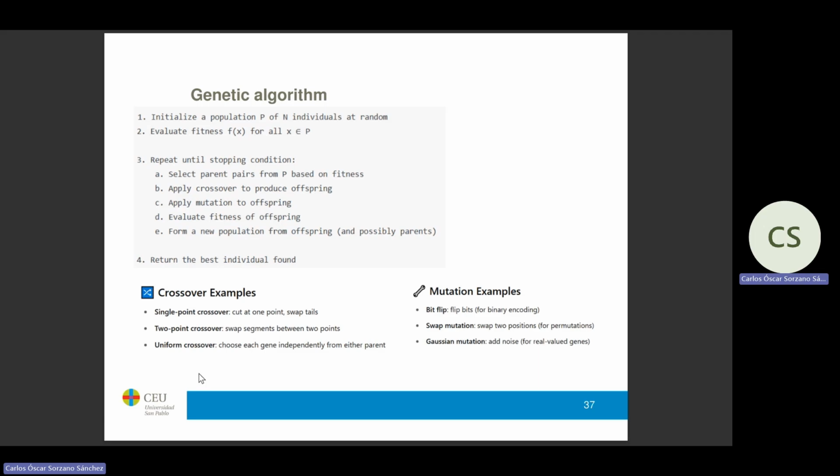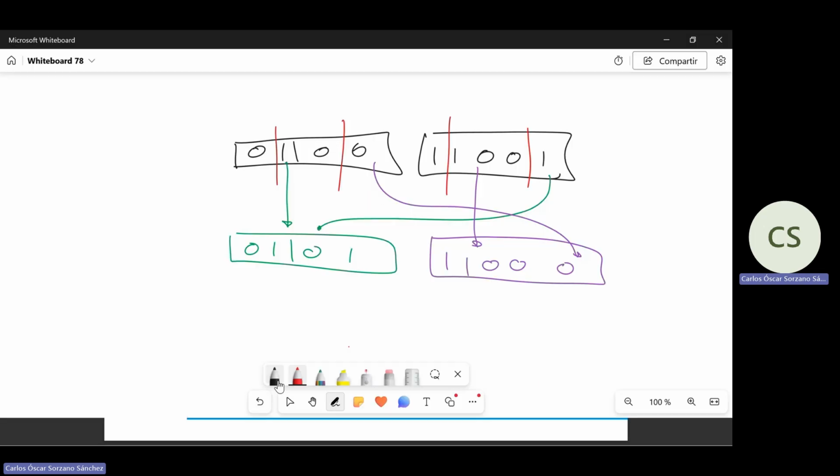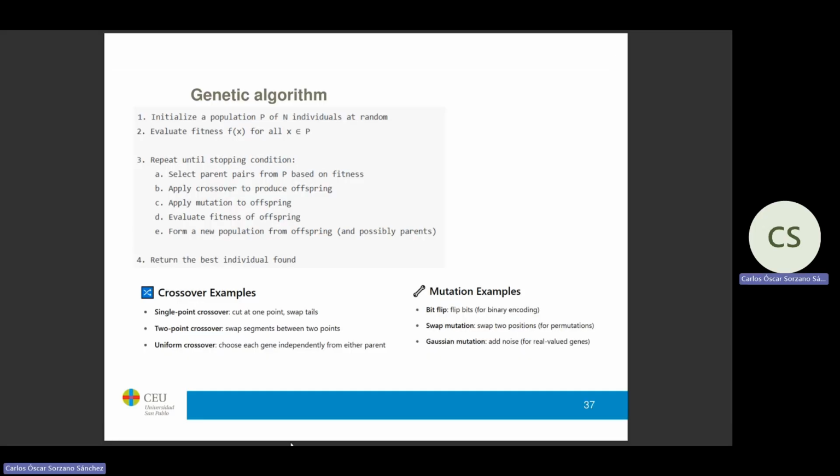The other possibility is this uniform crossover. For each gene, each one of these elements is called a gene, you generate one. So for this offspring, you take randomly 0 or 1. For this one, you take randomly 1 or 1. And for this one, 0 or 0, and so on. Those are different strategies for the crossover.